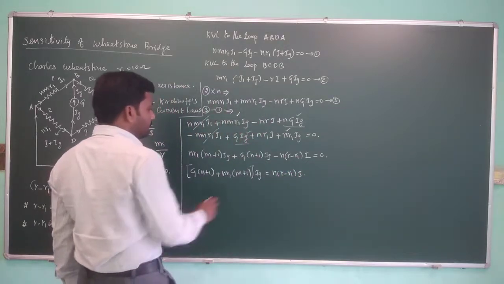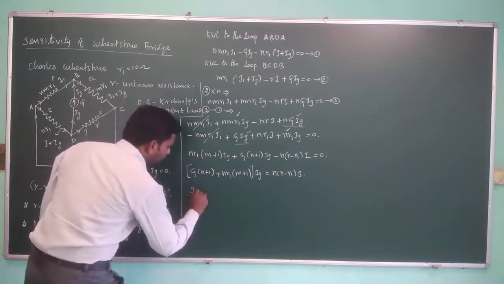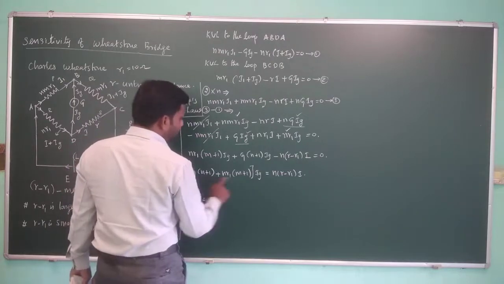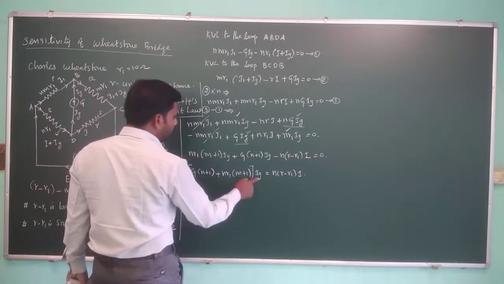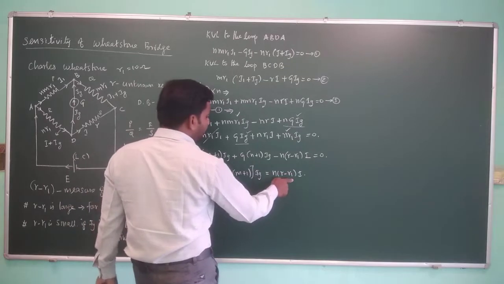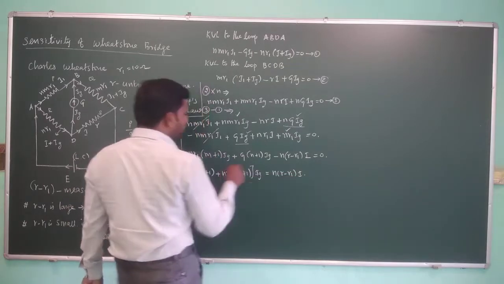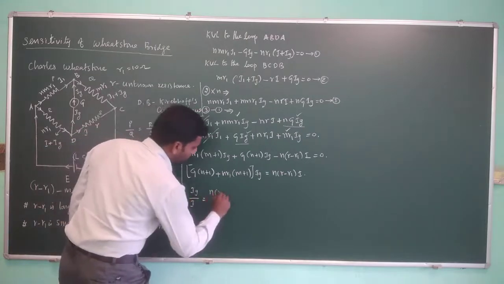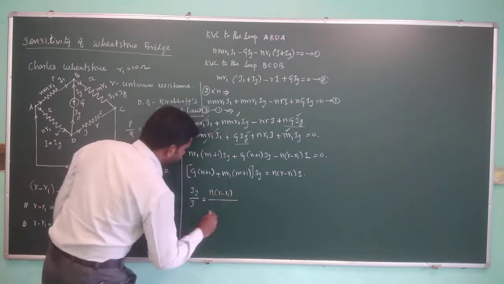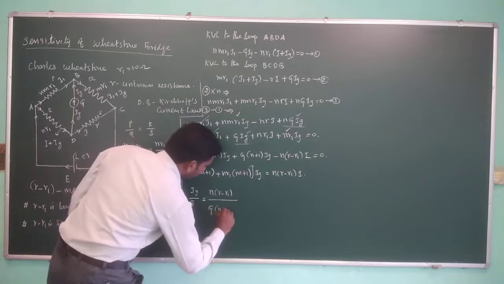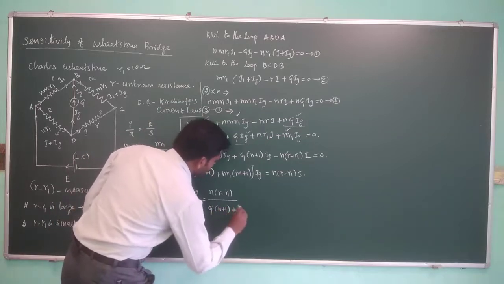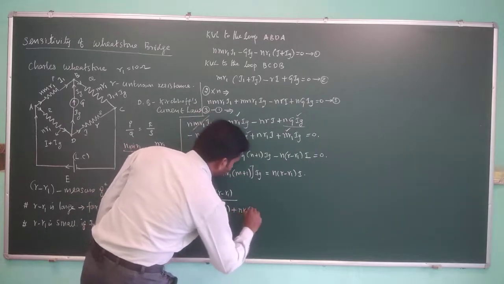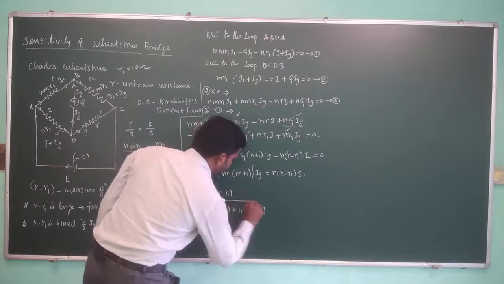Now if you want to rewrite this equation for Ig by I, what we can write: you bring the terms that are multiplied with Ig to the denominator of the right hand side, and you bring I to the denominator of the left hand side, so that this becomes Ig by I equals n times (r minus r1) divided by G(n plus 1) plus n r1 (m plus 1).